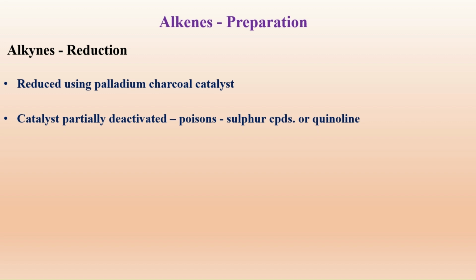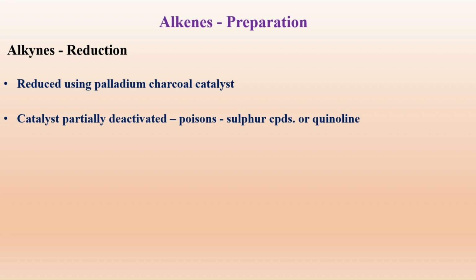This catalyst, that is palladium, when I treat it with charcoal, is partially deactivated. When it is partially deactivated, poisons are used, that are sulfur compounds or quinolines. Why do we have to use a partially deactivated catalyst?